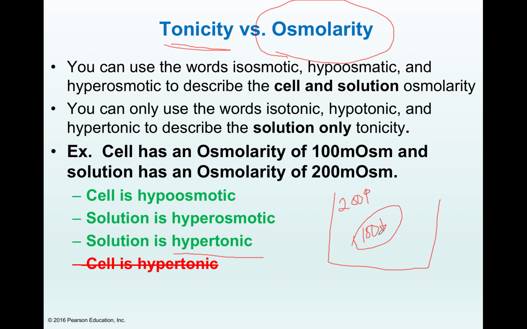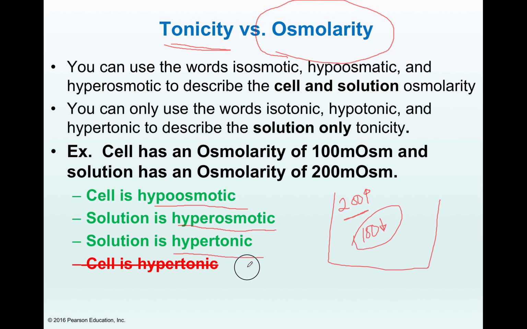Sorry about the motorcycle. But I also can describe both of these in terms of osmolarity. My solution is also going to be hyperosmotic, and my cell would be hypoosmotic because it has a lower number. But notice that I draw a red line. You cannot say your cell is hypertonic.